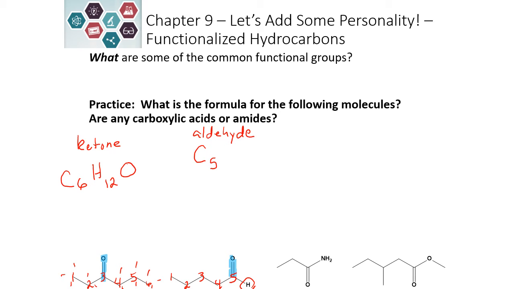Because remember, with our functional groups, we have to draw the connections to any hydrogens that are present. Hydrogens: none on carbon 5, 2 on 4, 2 on 3, 2 on 2, 3 on 1. That gives us 10 hydrogens and 1 oxygen.